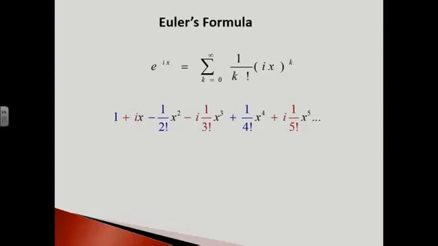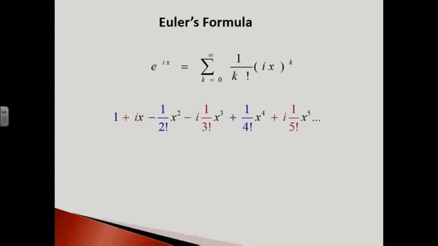1 plus ix minus 1 divided by 2 factorial x squared minus i multiplied by 1 over 3 factorial x cubed plus 1 over 4 factorial x to the 4th plus i multiplied by 1 over 5 factorial x to the 5th.